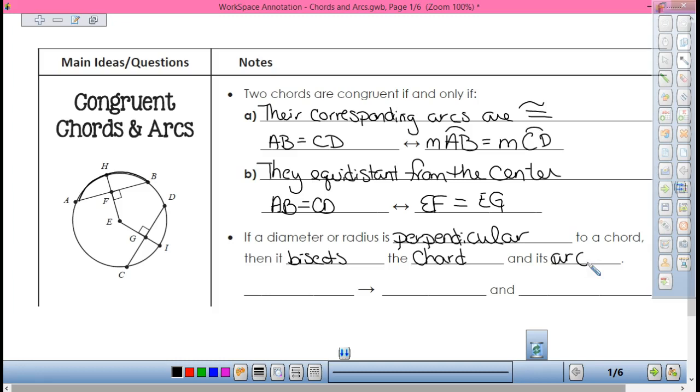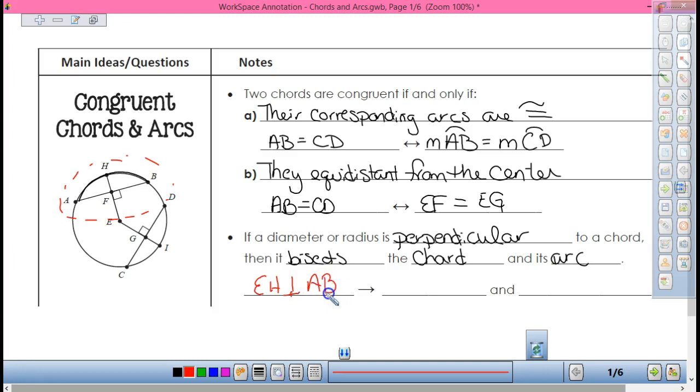Okay, so if we're looking at this part of the circle up here, who is perpendicular to who? Try not necessarily HF because it needs to either be a diameter or a radius. So what would my radius be? HE, so EH, if EH is perpendicular to, what's my chord?